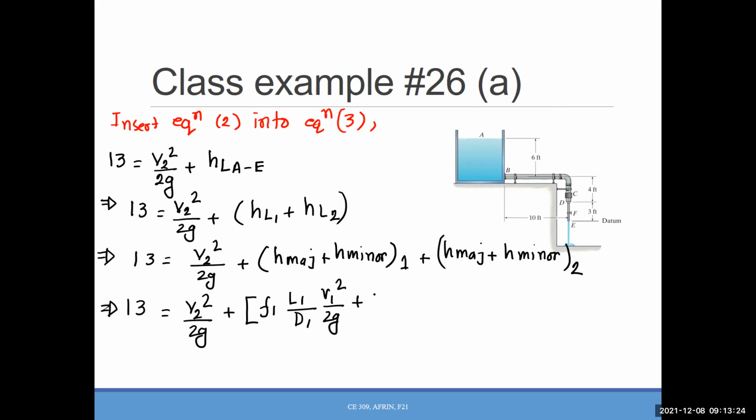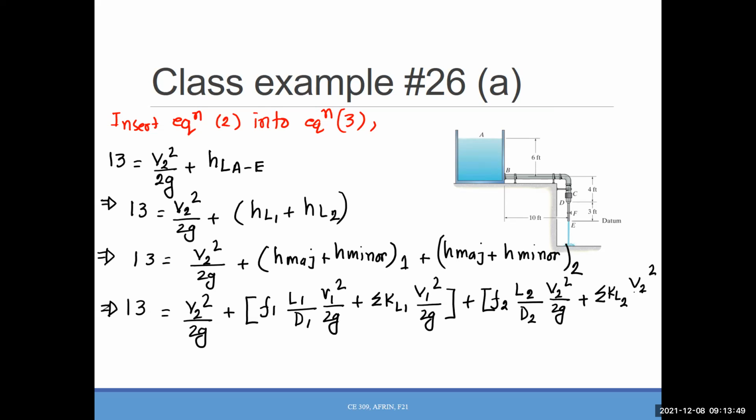For the minor head loss, summation of KL1 V1 square over 2g, right? For pipe 2, it's F2 L2 over D2 V2 square over 2g, summation of KL2 V2 square over 2g, right?